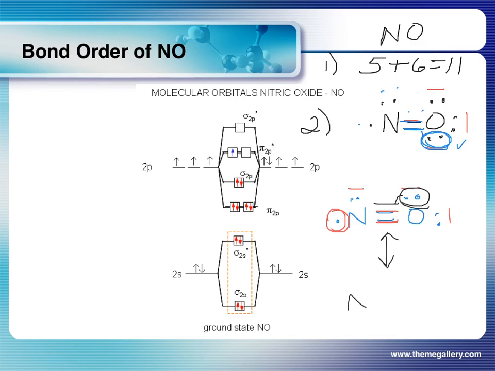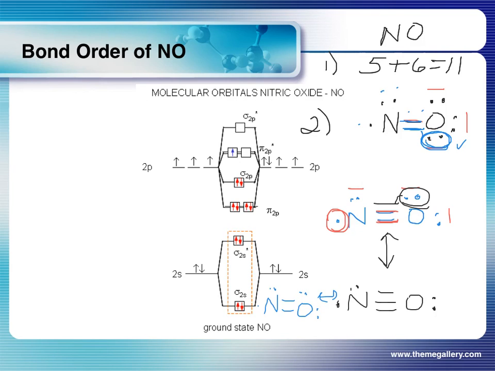And so what I would get looks like this. Okay? So in order to know which one is preferred, I'd have to figure out formal charges. So I'm going to rewrite the other one down here because I made it pretty messy up there. There. Here are the two resonance structures, and let's figure out formal charges.